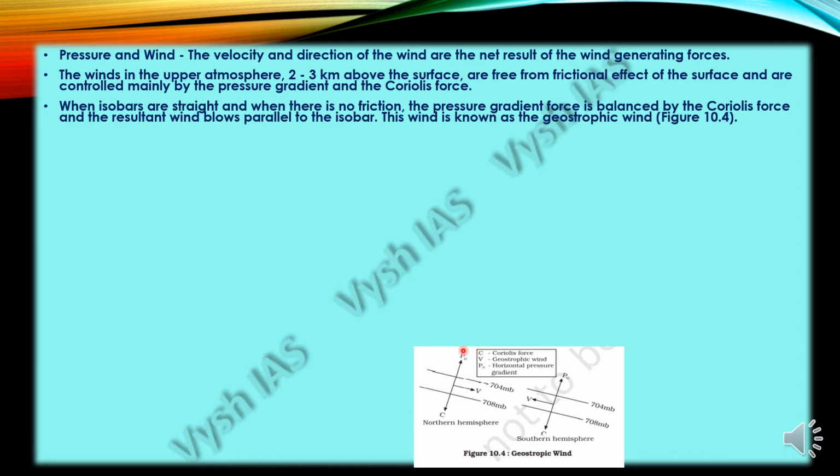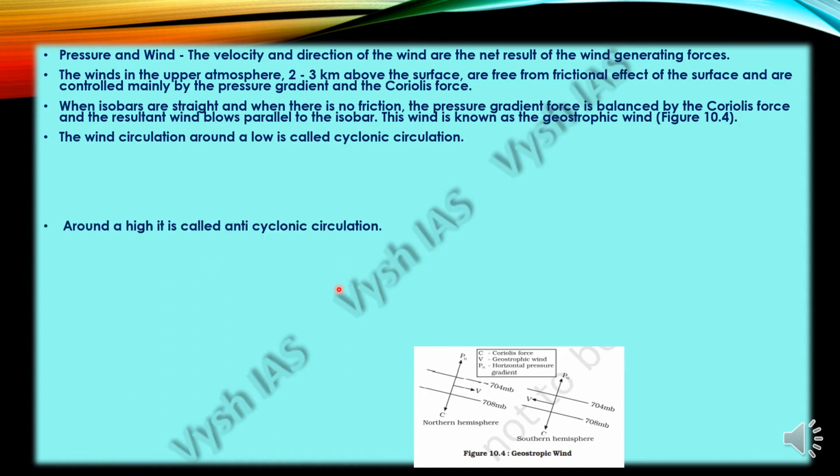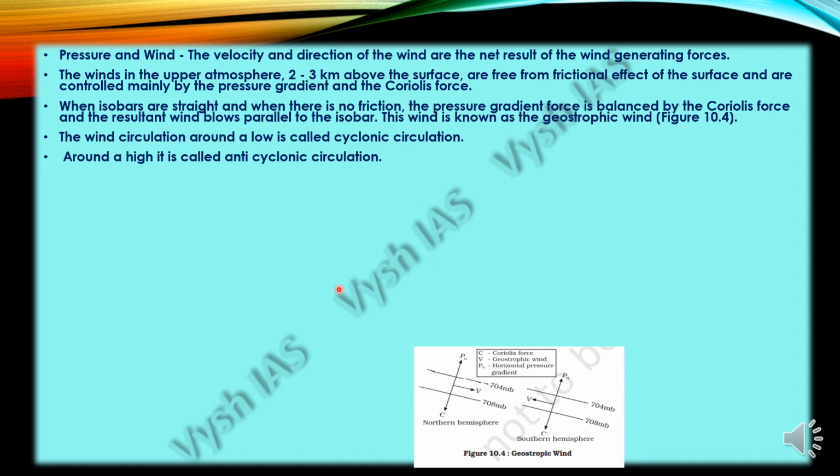And we have our horizontal pressure gradient and the Coriolis effect taking place. As you can see, in the northern hemisphere it's moving towards the right, and in the southern hemisphere it's moving towards the left. The wind circulation around a low is called a cyclonic circulation, and around a high it is called the anticyclonic circulation.